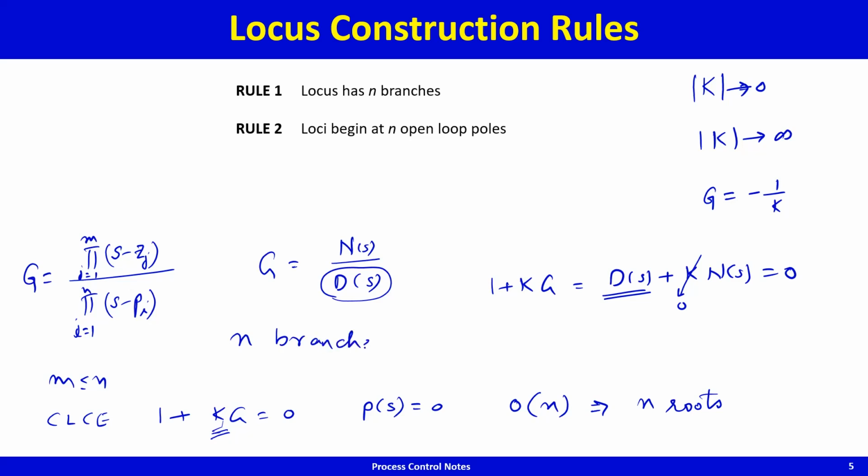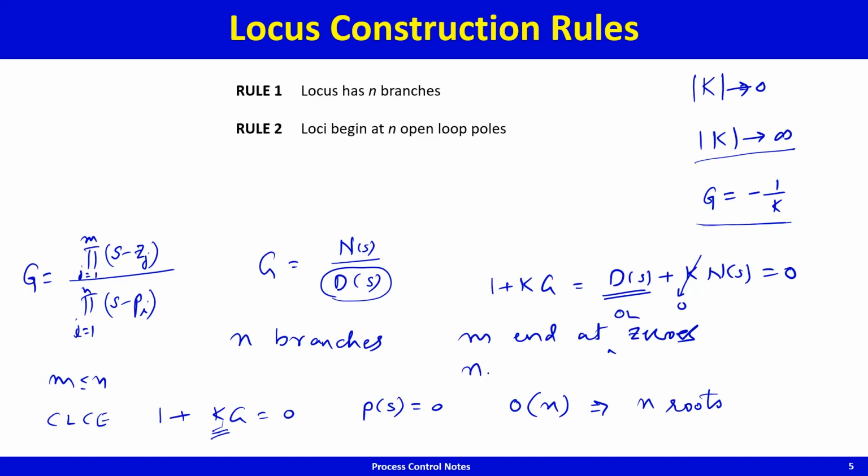Of these n branches, m branches end at zeros, because at a zero g goes to 0, and k going to infinity implies g must be going to 0. So of those n branches, m end up at the open loop transfer function zeros.